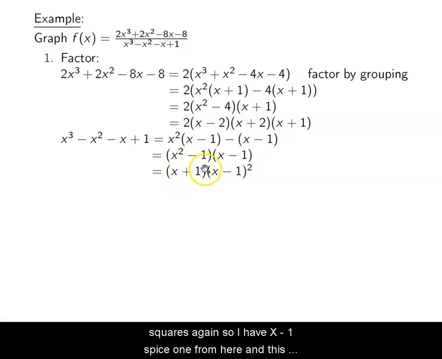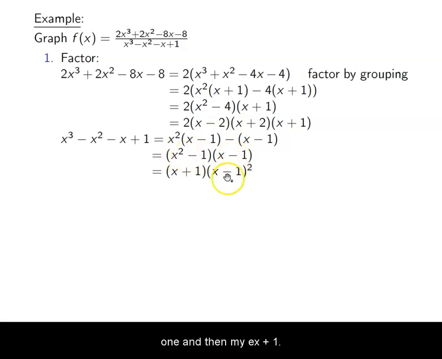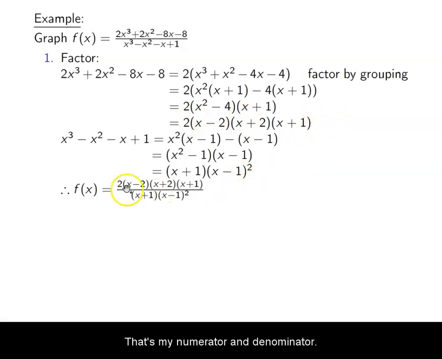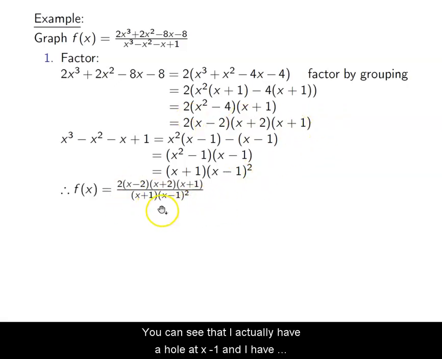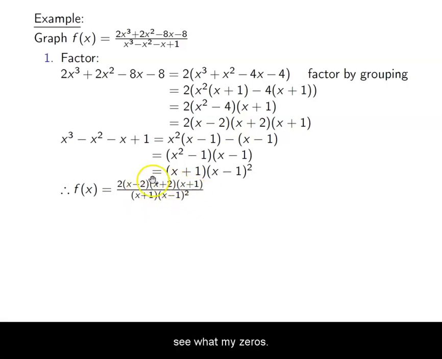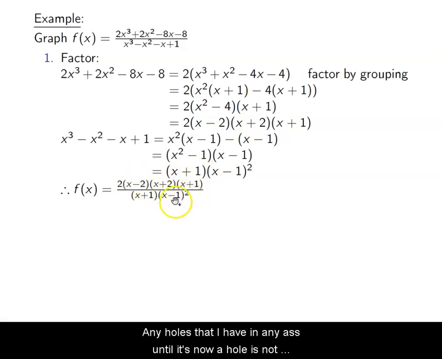So I have x minus 1 twice, and then my x plus 1 term. That's my numerator and denominator. You can see that I have a hole at x minus 1, and I have a vertical asymptote at x plus 1. So doing this allows me to see my zeros, any holes that I have, and any asymptotes.